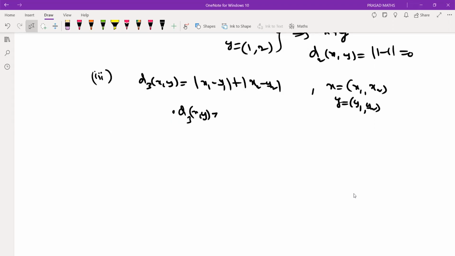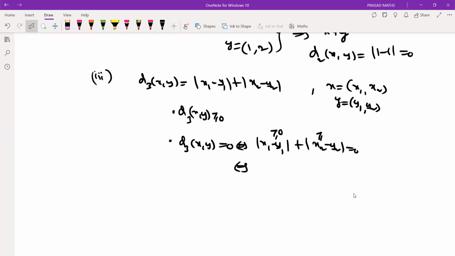Now the second condition: the sum of two non-negative numbers equals 0 if and only if each term is 0.